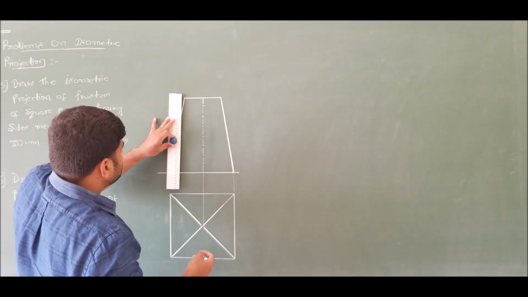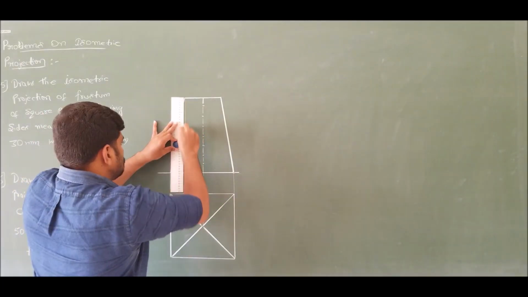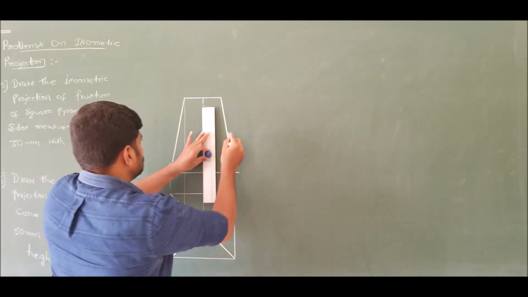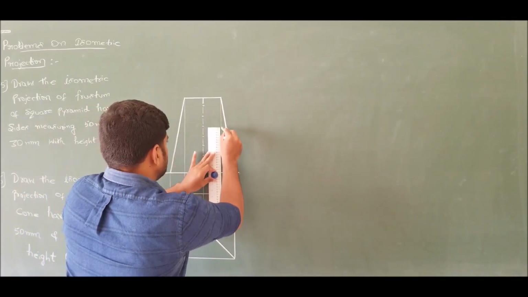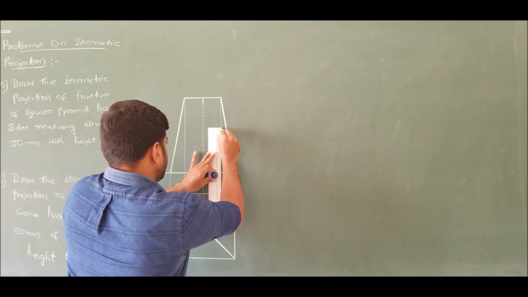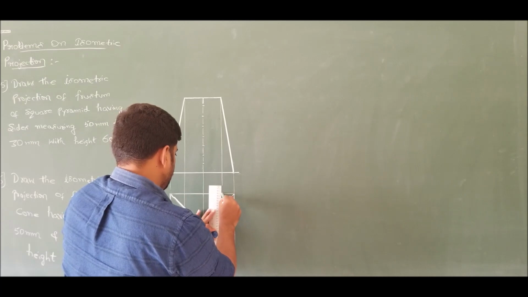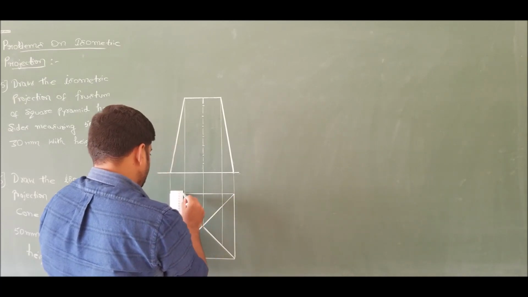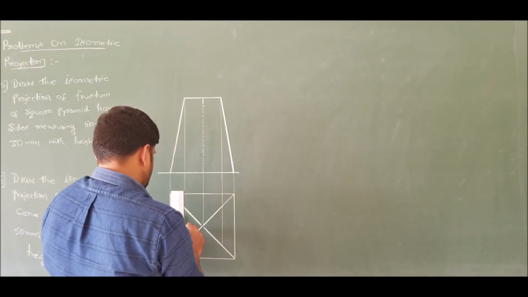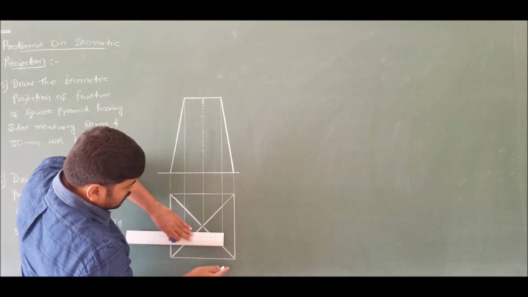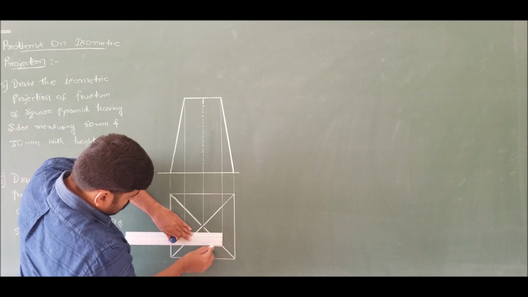Now again take the projection downwards. Construct another square of side length equal to 30 millimeters.